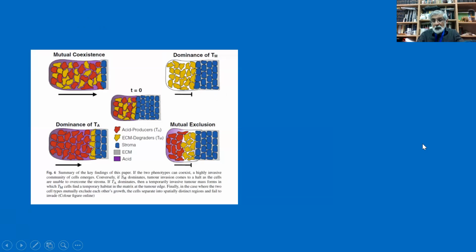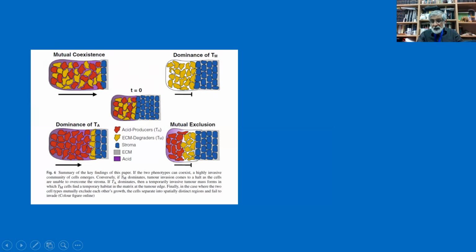Not going into the detail. We can do the standard traveling wave analysis. And in this particular paper, there's a lot of degeneracy going on here, so we kept away from that degeneracy in this paper. And what we found here, and this is illustrating all our traveling wave analysis in the cartoon, is that if you have mutual coexistence, these results aren't that surprising. If you have both cell types, the Lotka-Volterra gives you mutual coexistence, you get invasion.